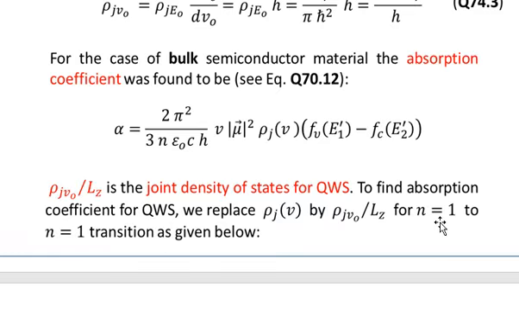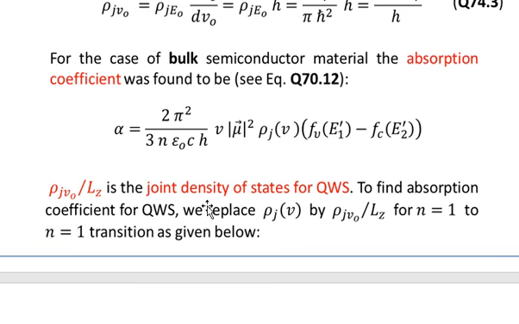So these n is equal to 1 to n is equal to 1 transitions mean the transition from n is equal to 1 sub-levels of the valence band to the n is equal to 1 sub-levels of the conduction band. So this is what we mean by n is equal to 1 to n is equal to 1 transition.